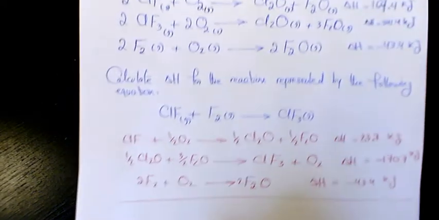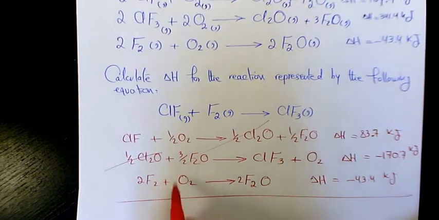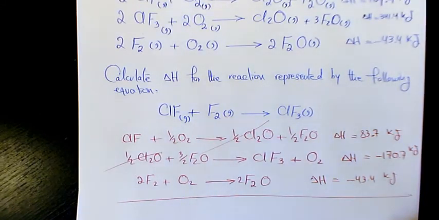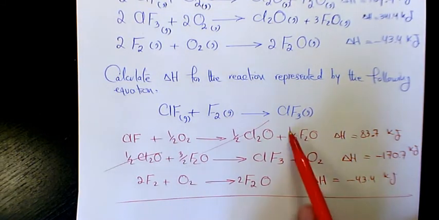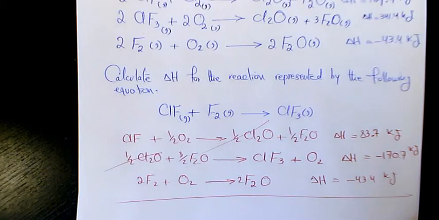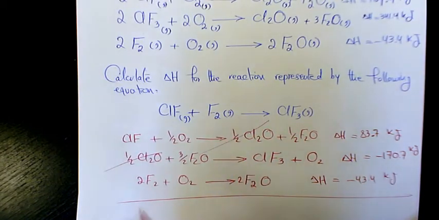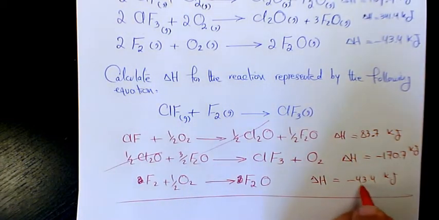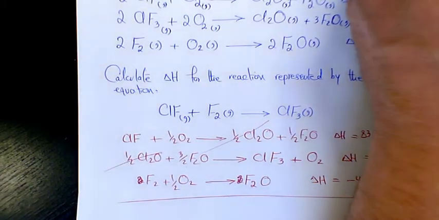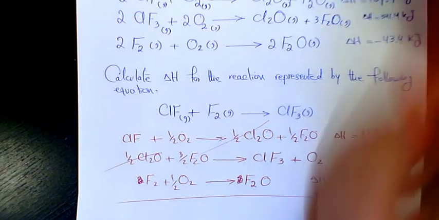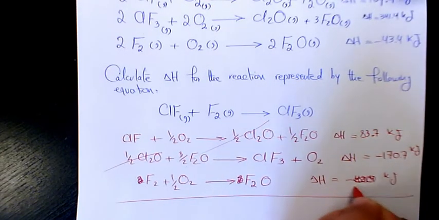So when you add them, this one and this one cancels out. We have 3 over 2, 1 over 2. Actually, since we have F2 here, we needed to divide it by 2 as well. This guy, 43.4 divided by 2 is going to be 21.7.